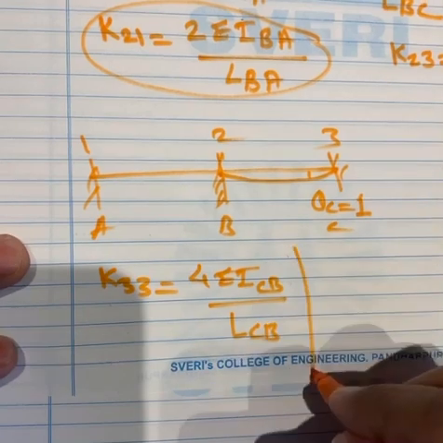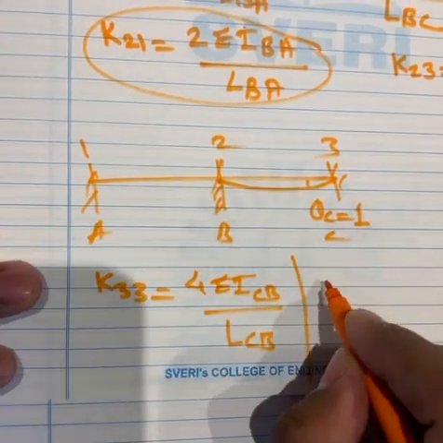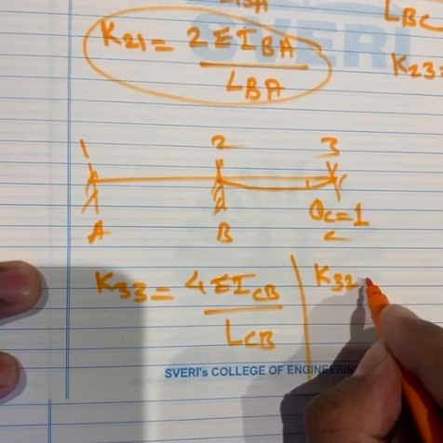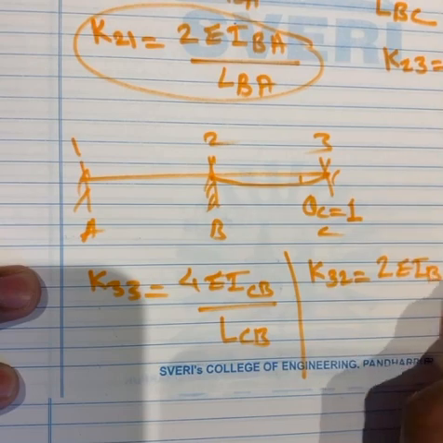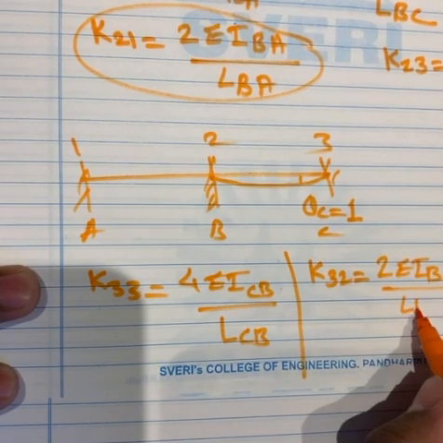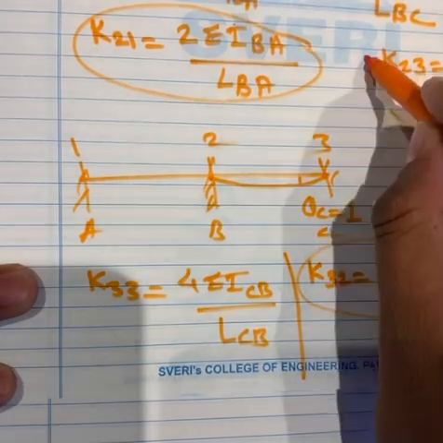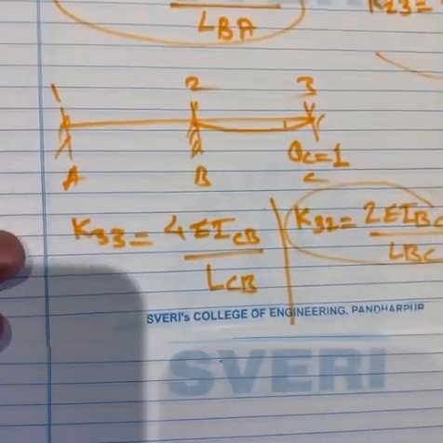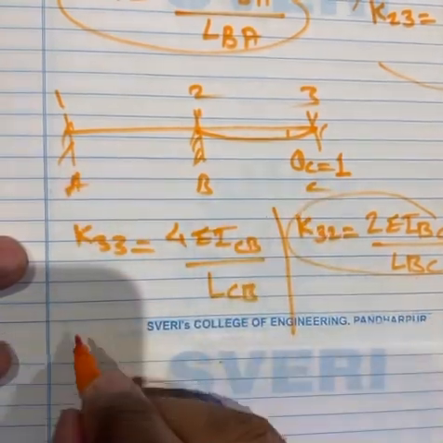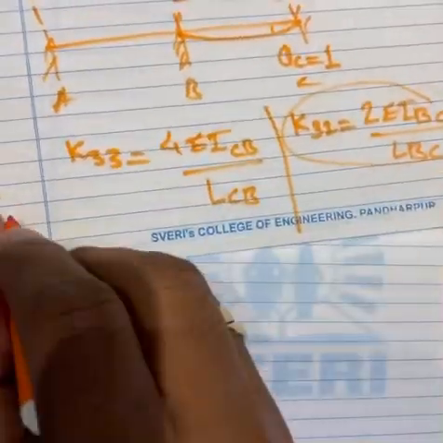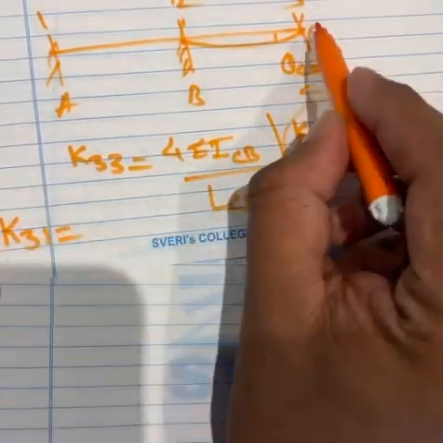Because of rotation at 3, what is happening at 2 is K32, which is nothing but 2EI BC by LBC. Can you note that this and this have come the same, of course for symmetry. What about K31, because of rotation at 3?